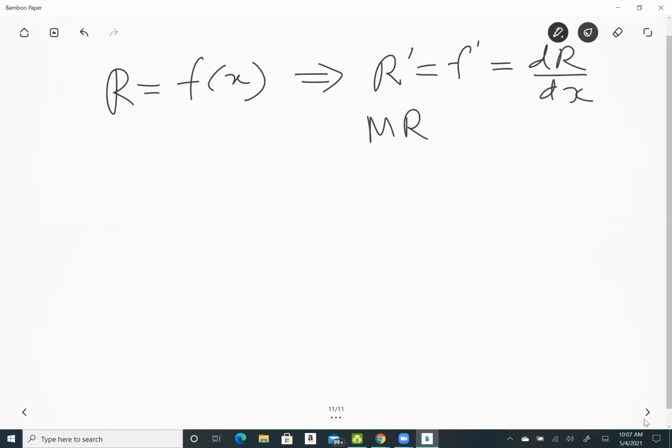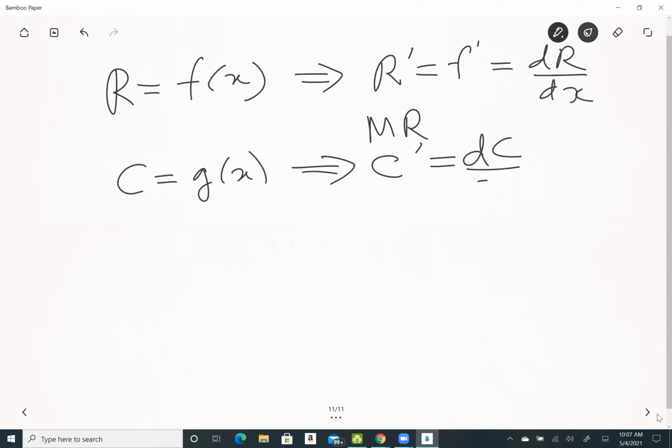So it's the derivative of the function. Now is the marginal revenue. Okay? Now similarly for the cost, if I have a cost, all right, cost is also a function of x, then the derivative of the cost is what? C prime, which is equal to dC dx. So that is the marginal cost.